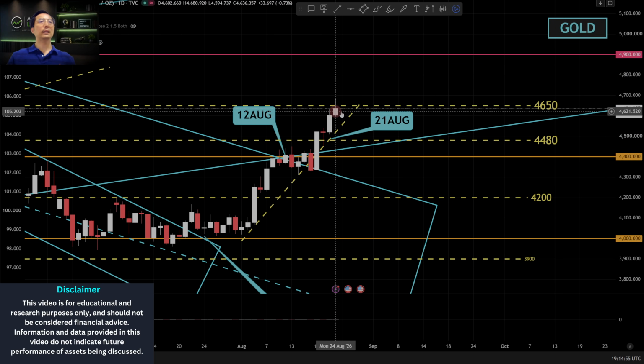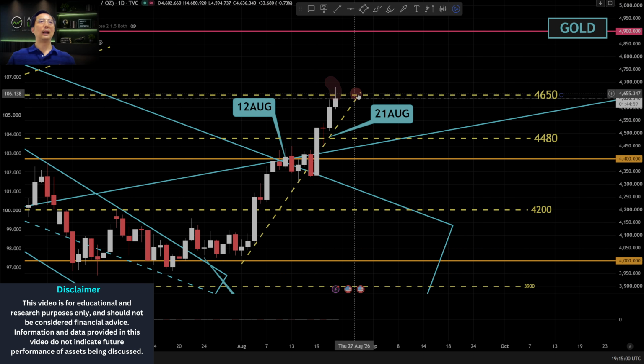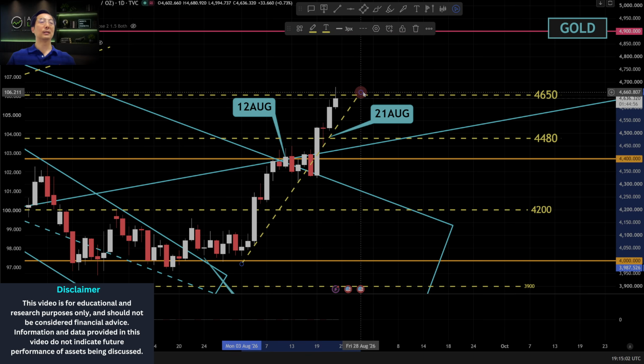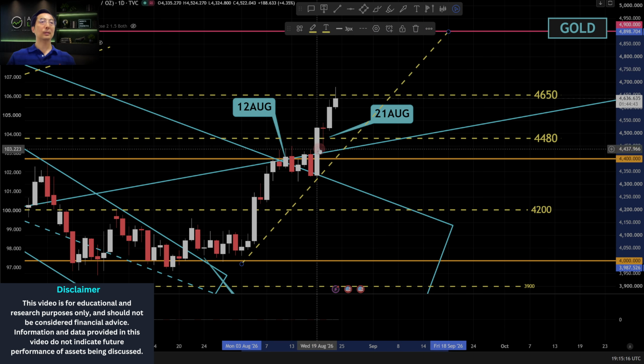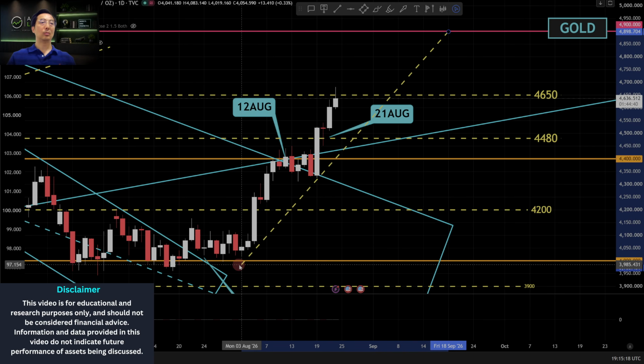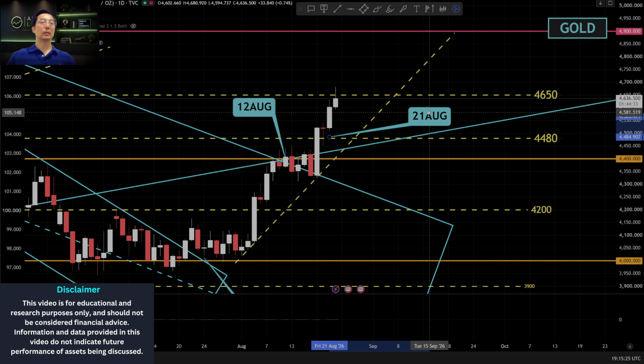So now that it is getting rejection from 4650, and the trend line is positioned at this point, one thing we need to do is to first adjust the trend line because of this move. So it's not rising as steep as before. Assuming this is what the trend really is, we can adjust the state tag.